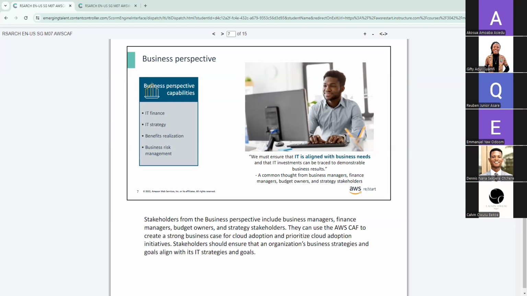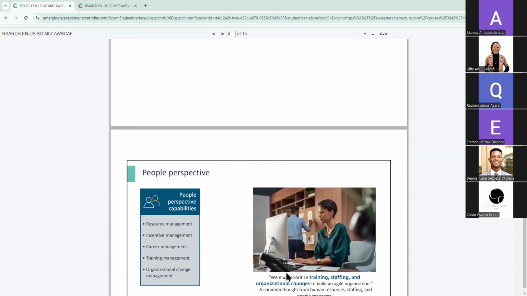What is it that your business needs that is making you want to move to AWS, and is AWS going to be able to help us meet our business needs while we are there? So that is what the business perspective is about. Just making sure that your business strategies and goals align with the IT strategies and goals.